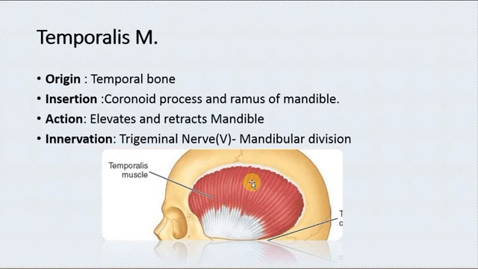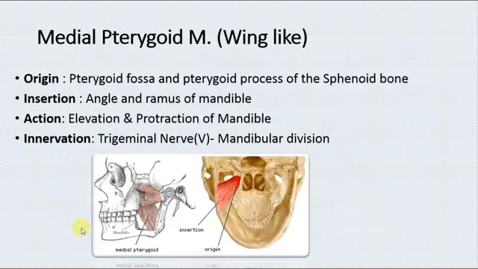The action is that it elevates and retracts the mandible. Retracts, as we said before, is like moving the mandible backward. Innervation, the same trigeminal nerve and the mandibular division. For all these muscles, the innervation is the same.